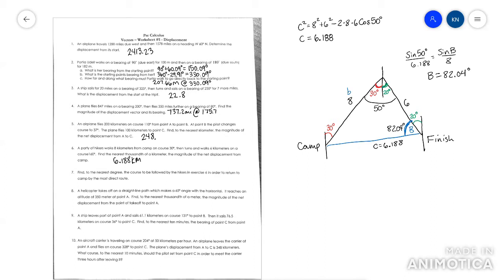So now to get pink, which is this whole angle, I'm going to do 360 degrees minus that 20 degrees and minus that 82.04 degrees. And if you do this right, you'll get the pink angle as 257.96 degrees. That would be my answer.